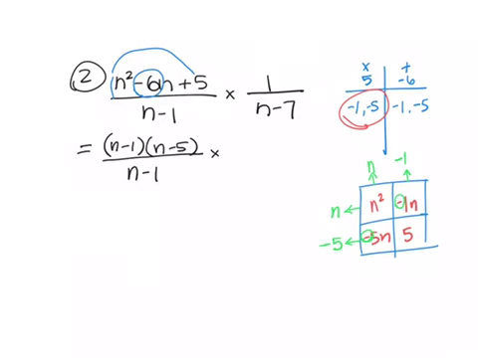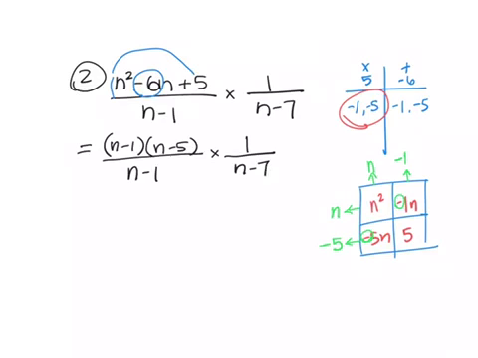And then times, over here, this second numerator is just 1. That's a monomial, so it stays the same. And the second denominator is n minus 7. Again, n and 7 don't share a common factor that I can take out, and it's not n squared, so it doesn't need to be factored. So that's going to stay n minus 7.